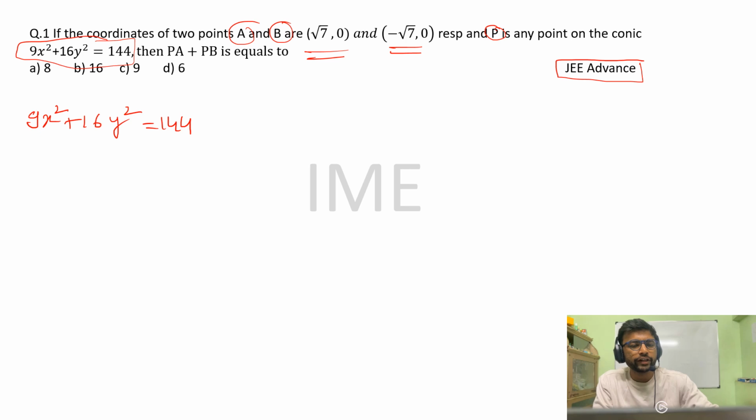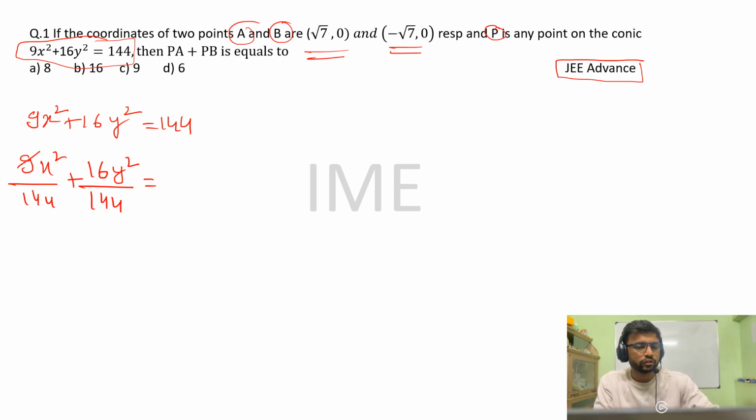So if we divide this equation by 144, we'll just divide each term by 144. First term divided by 144, second term divided by 144 is equal to 144 divided by 144, so we'll get 1.